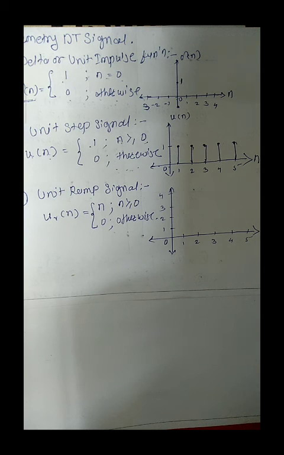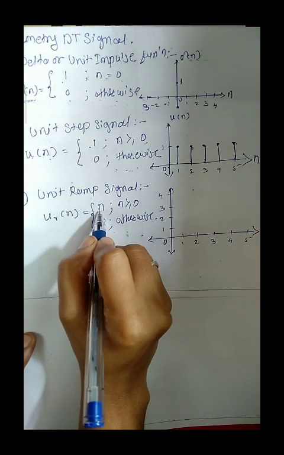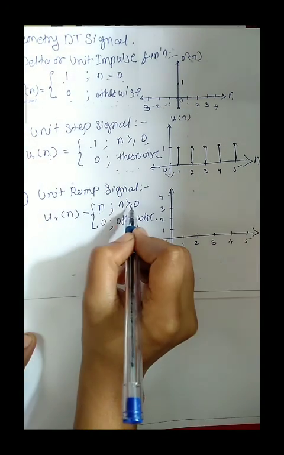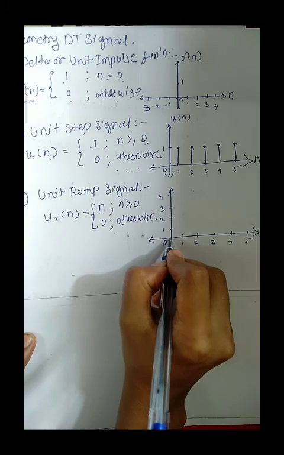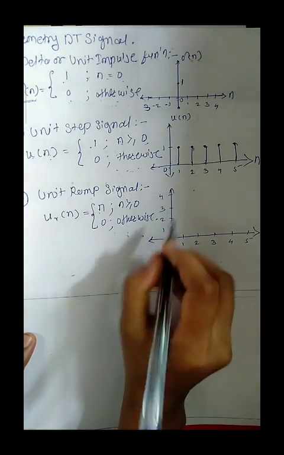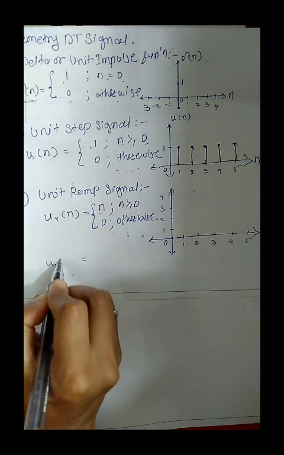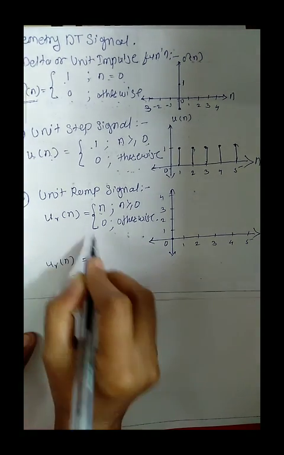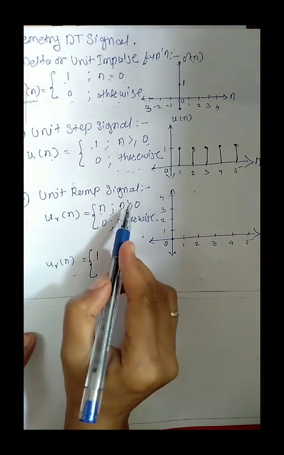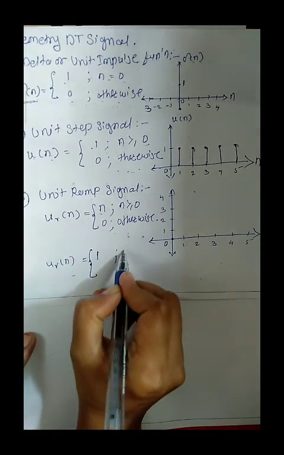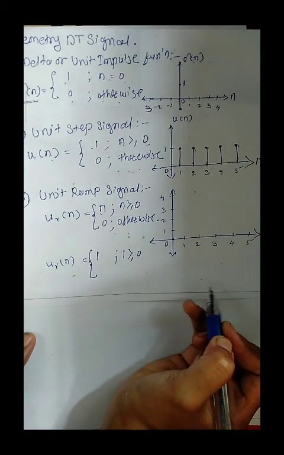That is, the signal increases over a particular range. See, first we take n equal to 0. n is greater than or equal to 0, so the signal is at this point. Then put n equal to 1, which is greater than or equal to 0.